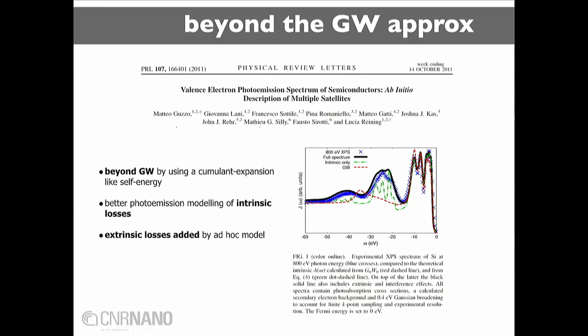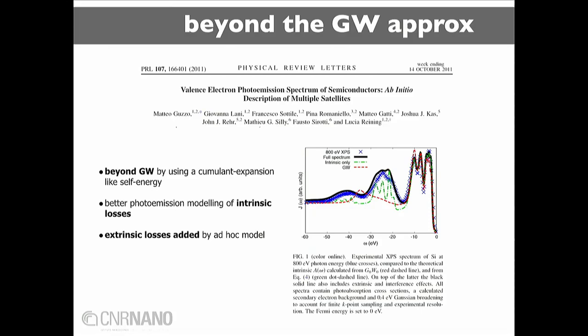You have to include extra terms to GW, and they do it by doing GW plus cumulant. I think that nowadays that is a pretty common beyond-GW approximation. This was 2011, has been used since these days, it's very popular, and when you add the cumulant on top of GW, you actually get decent positions of the satellites.